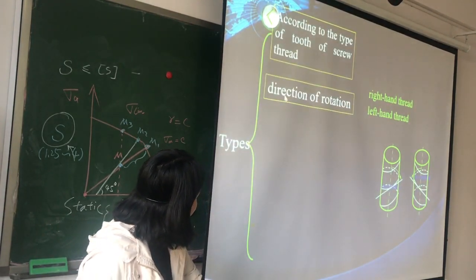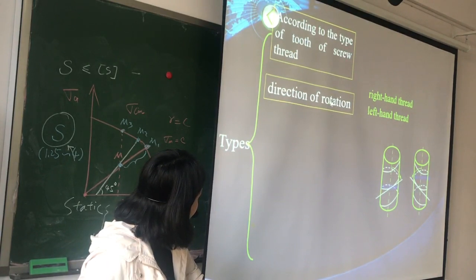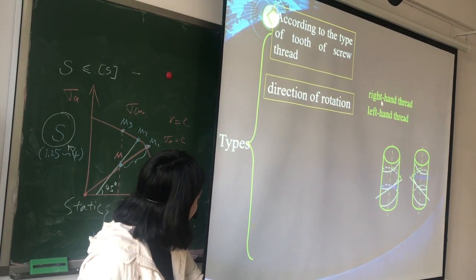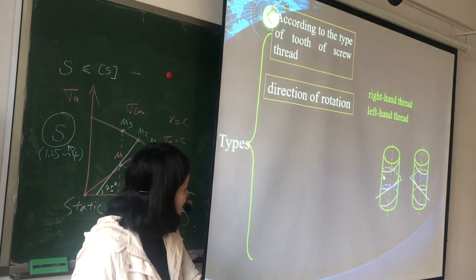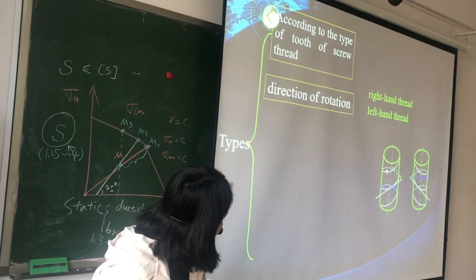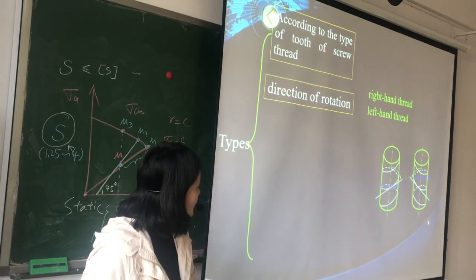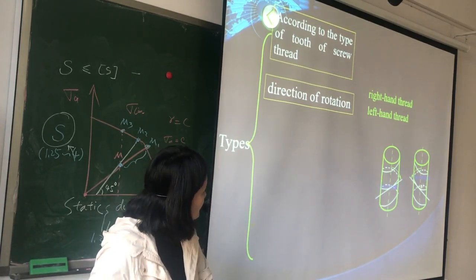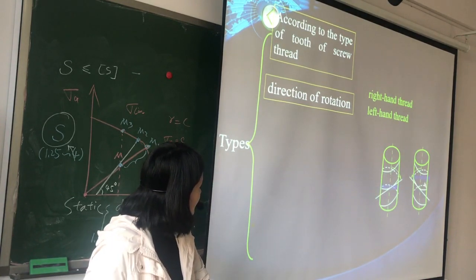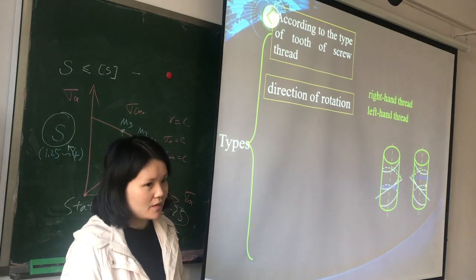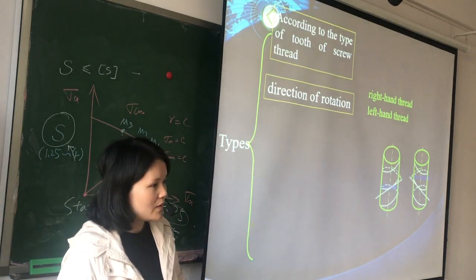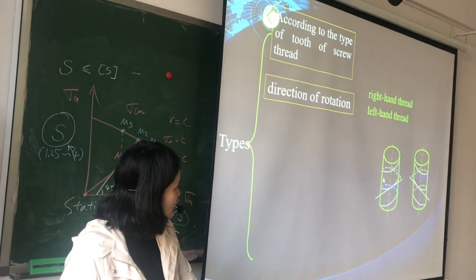And for the direction of rotating, we can divide the thread into right hand thread and left hand thread. For the right hand thread, the direction of the helical line is clockwise, and this is anti-clockwise.